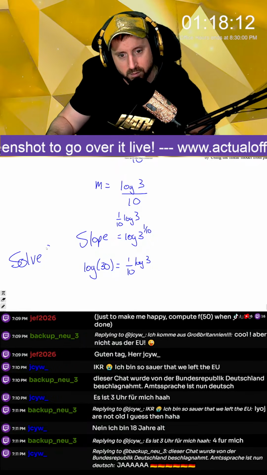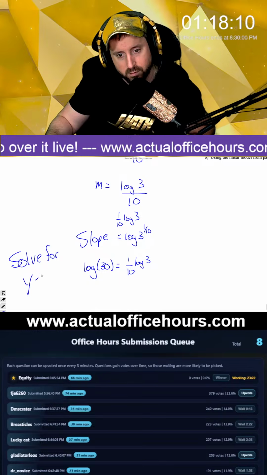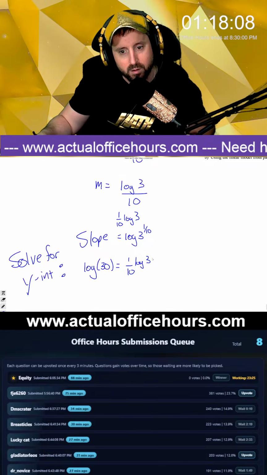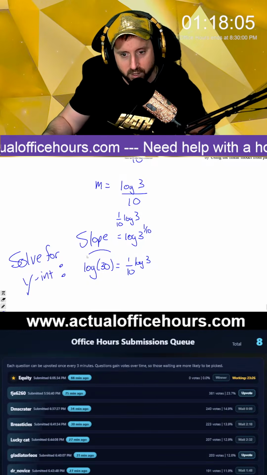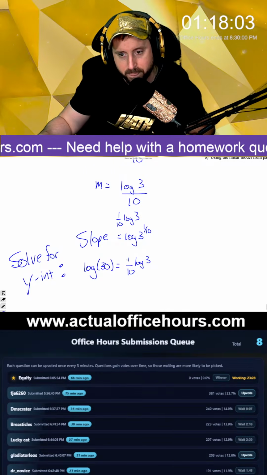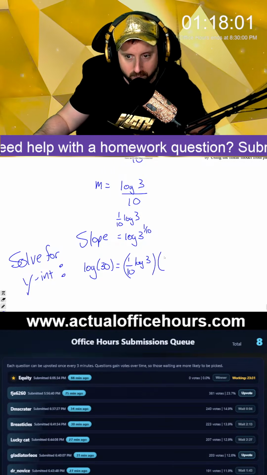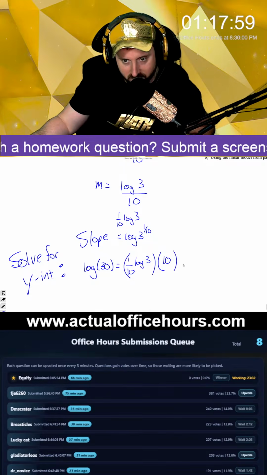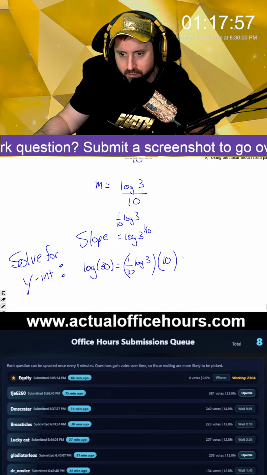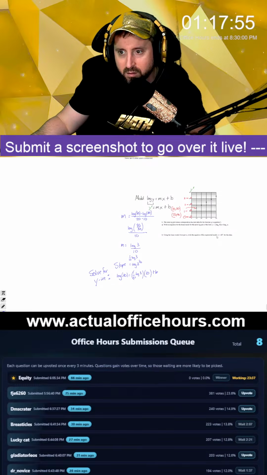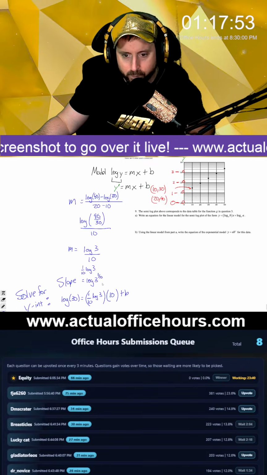This is kind of a tricky question. So we're solving for the y-intercept, which is y prime is equal to m, and then we need to say what the x value is. The x value was 10, and then it's going to be plus b.